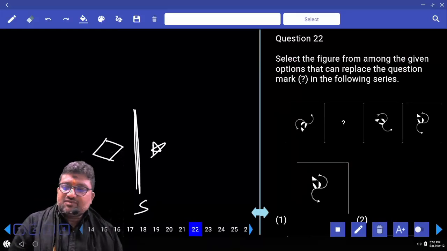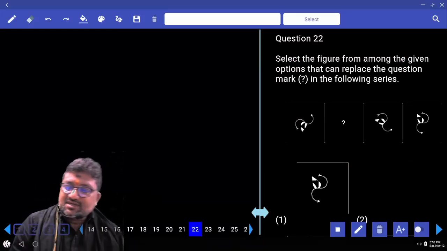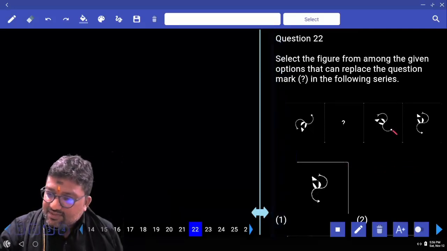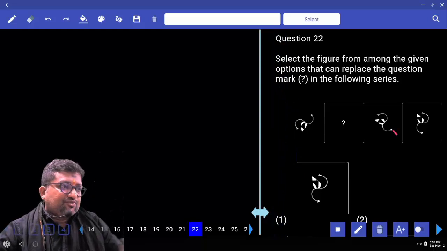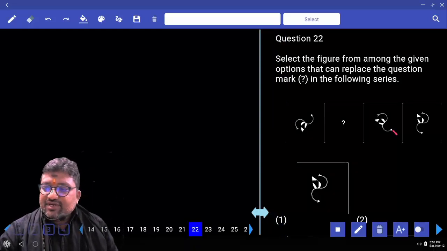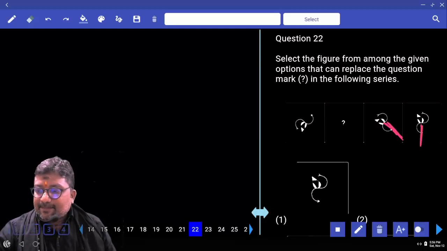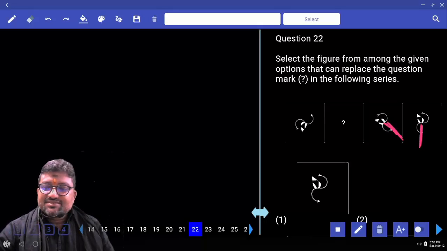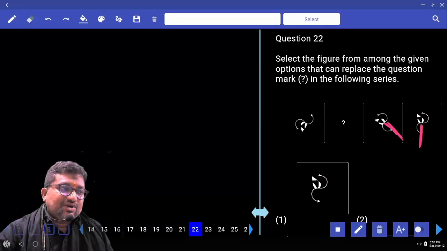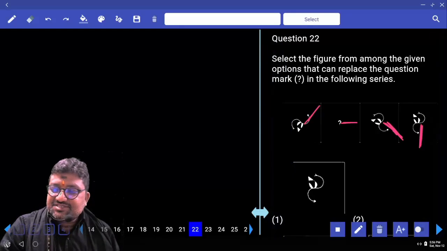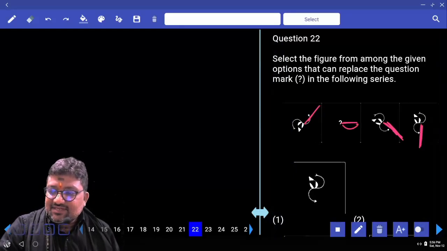Next, look at this. I'll go with this arrow here, 1 to 2, then 3 to 4. Where is the arrow in 3? This line is south east, so south east becomes south, clockwise or anti-clockwise? Clockwise, how many degrees? 45 degrees, north east, clockwise, east, and I'll get something like this arrow.